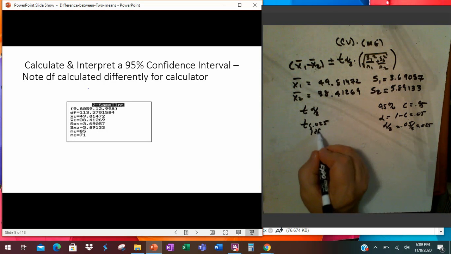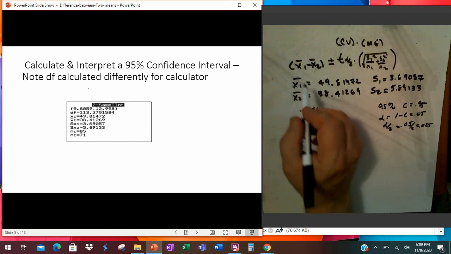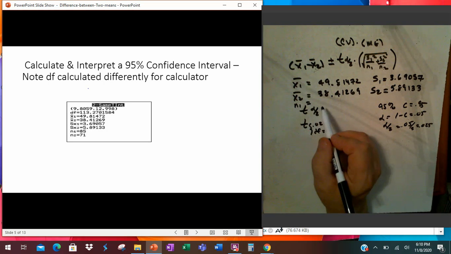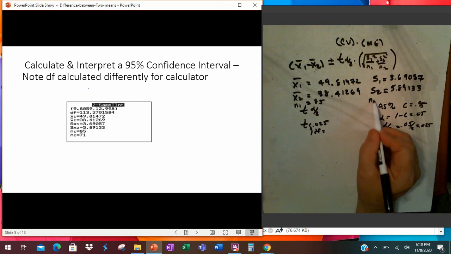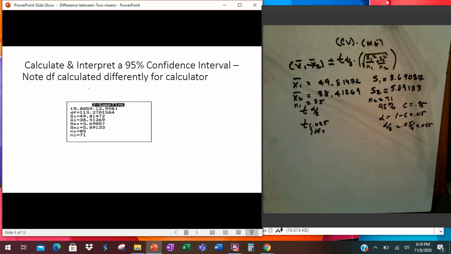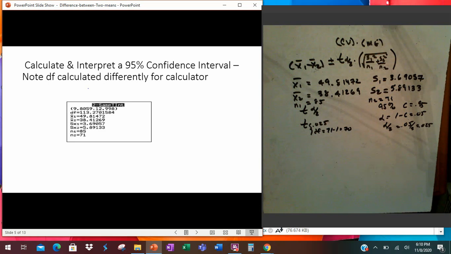And my degrees of freedom, I like writing this down as a group because I need two things for the t, and that's going to be the smaller of n1 and n2. So n1 was 85, and my n2 was 71. So I'm going to use the degrees of freedom. The smallest one of these was 71 minus 1, which is 70.